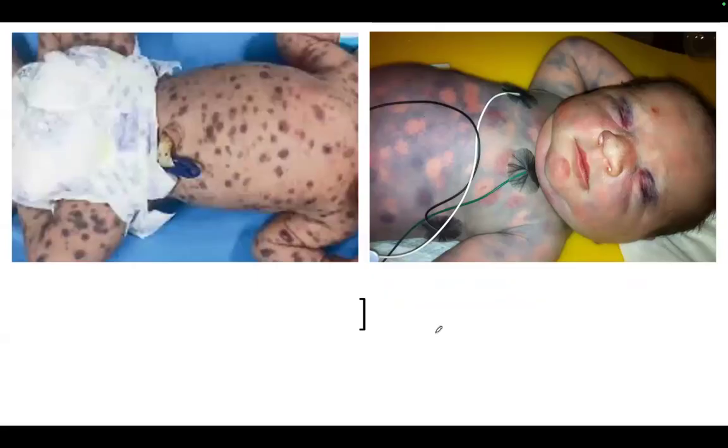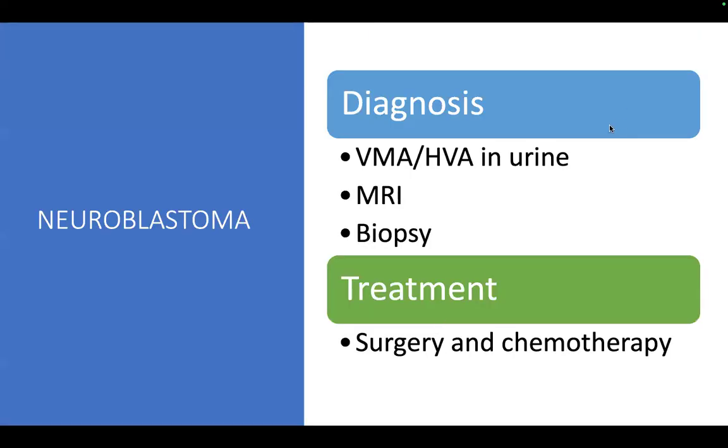Now, for the diagnostics, always remember, we look for metabolites of catecholamine metabolism. What is the meaning of VMA? It's not Video Music Awards. VMA stands for vanillylmandelic acid.